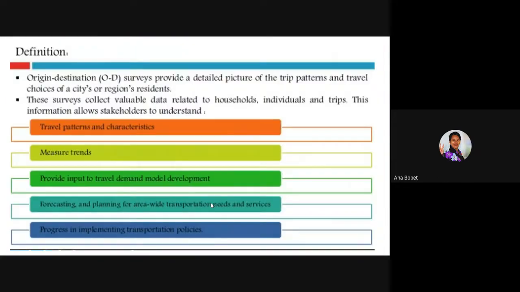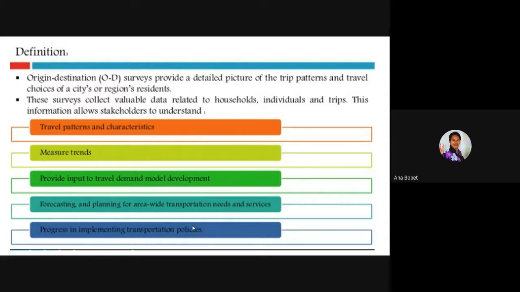Okay, so by definition, OD is a survey providing information or picture of the trip patterns and travel choices of people in your locality. So usually, this is related to household, mga person, individual sa household, and ang ilang trips nga buhat sa isa ka adlaw sa kasingan. So it's related to traffic patterns, characteristics, trends, input of travel demand for, let's say, later next week, mag-travel demand man ta, and then input for travel demand forecasting and planning.